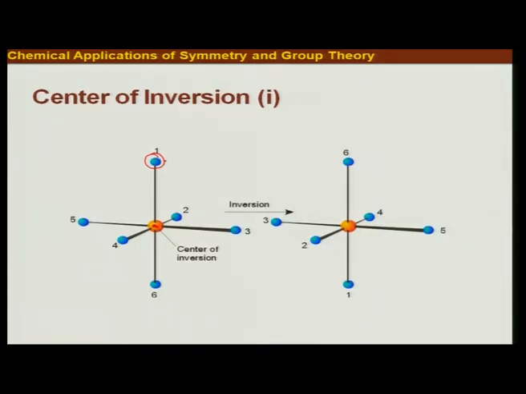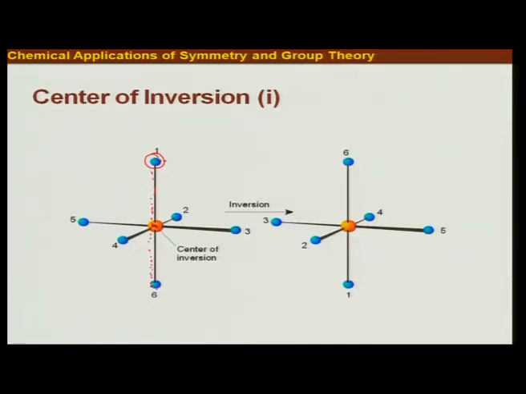Now if we start from chlorine 1 and keep walking through this bond and come to this point, and then keep going in the same direction and equidistance, then we end up finding the 6th chlorine atom.